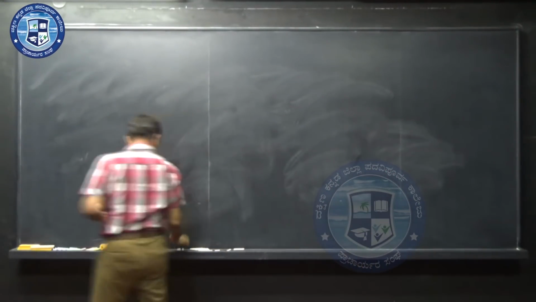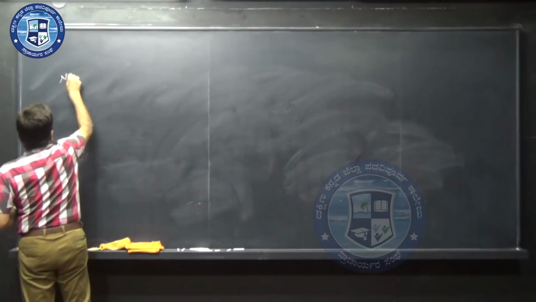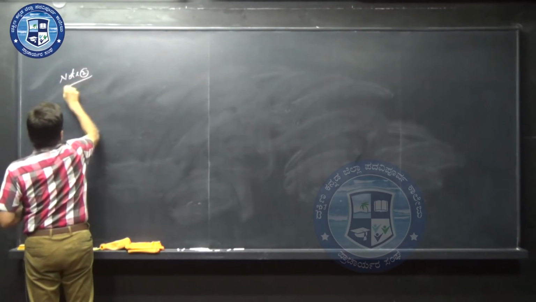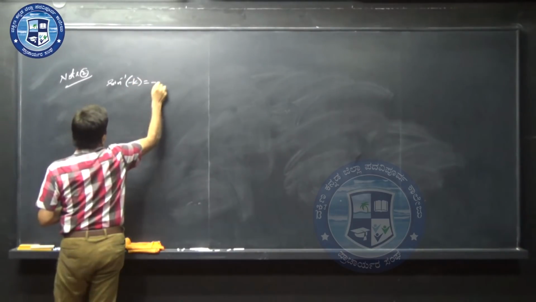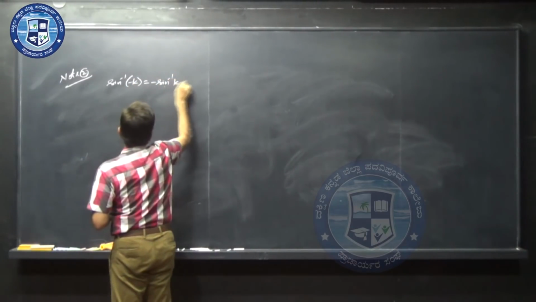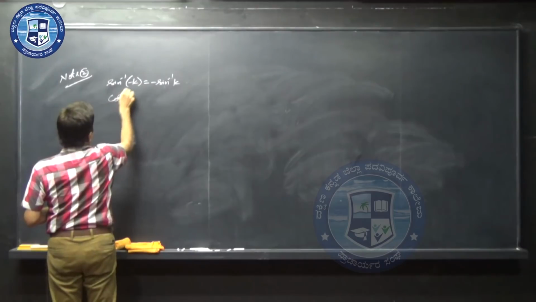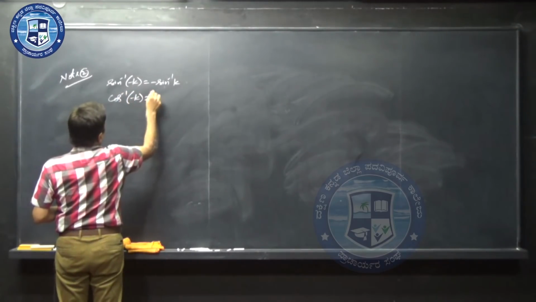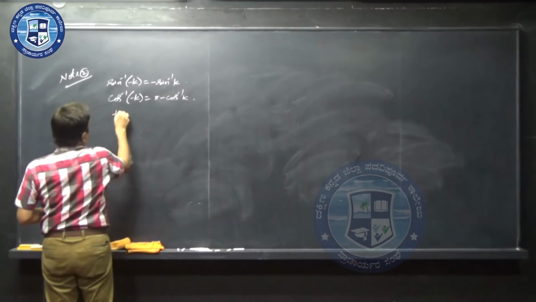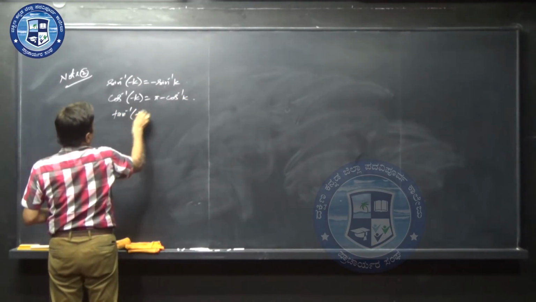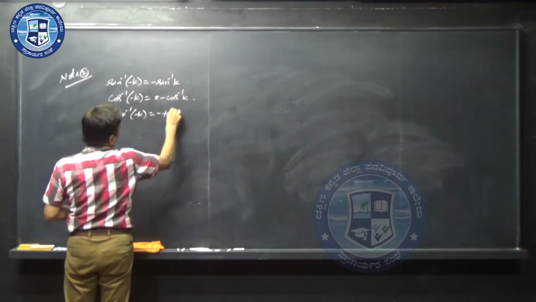Note 2, look at this: sine inverse of minus k is equal to minus sine inverse k. Then cos inverse of minus k is equal to pi minus cos inverse of k, and tan inverse of minus k is equal to minus tan inverse of k.